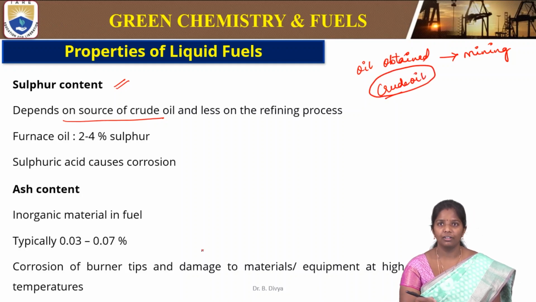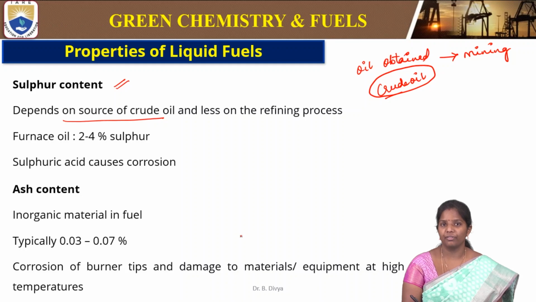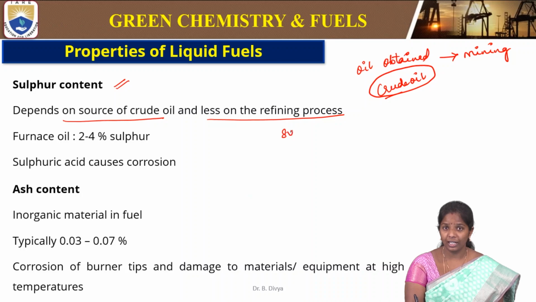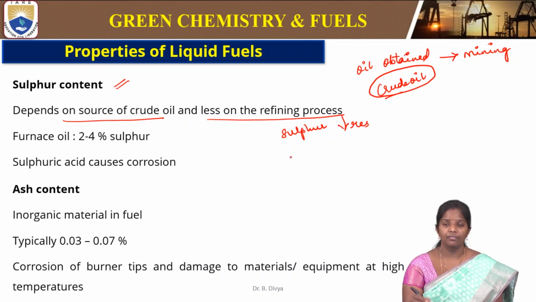After that, refining takes place and we get different oil products. Whenever the refining process is going on, the sulfur content will decrease.